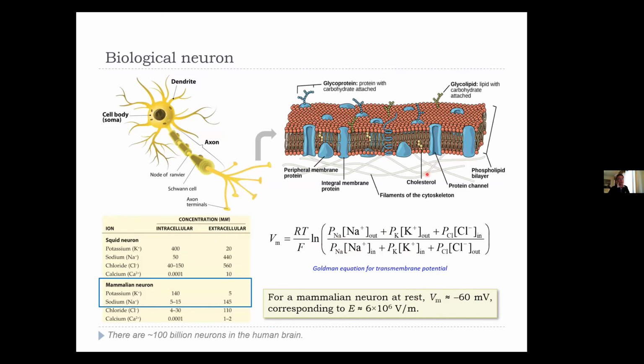And if you divide it by the length of this membrane, which is not that big, you get a few megavolts per meter. So there is a pretty strong electric field across the neuron. Now, that is an important part of it. And I would remind you that we have about 100 billion neurons in the human brain.